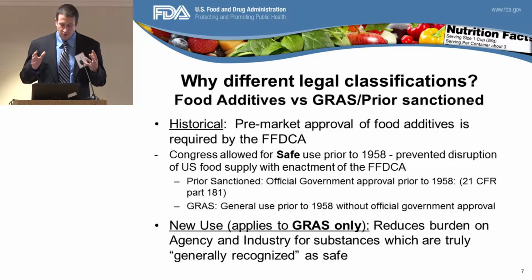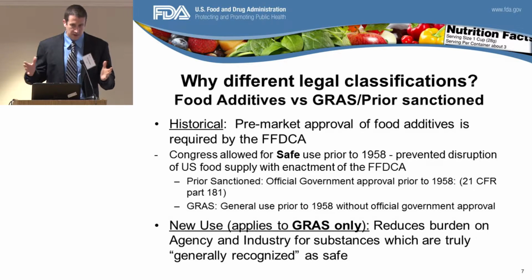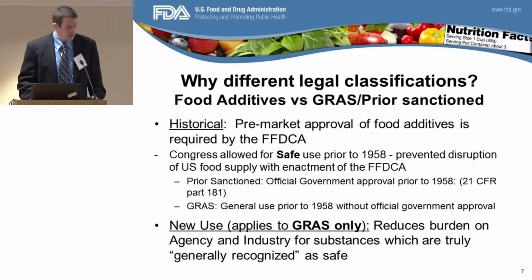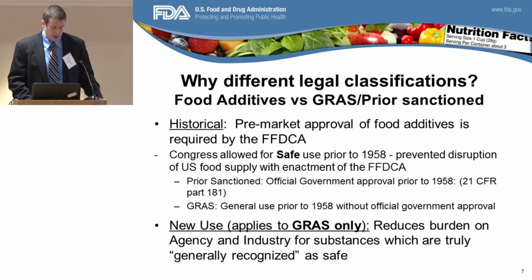But if something truly is generally recognized as safe, and there's no question about the safety, allowing new uses to be considered GRAS reduces burden on the agency and for industry for substances which are truly generally recognized as safe. And as I said, we'll talk a little bit more about that as the talk goes on.